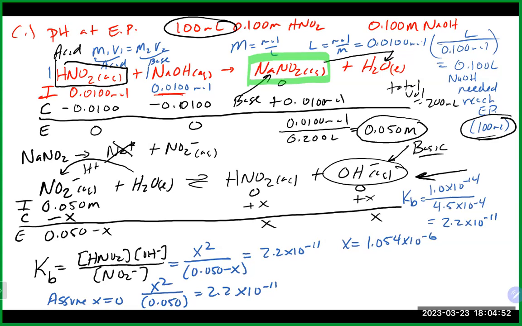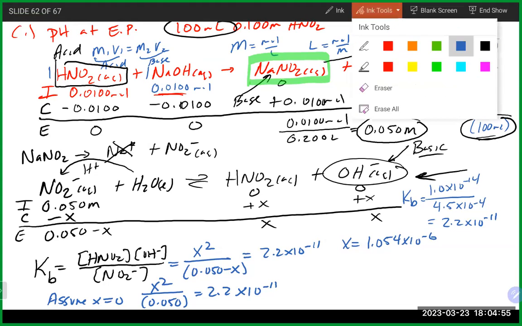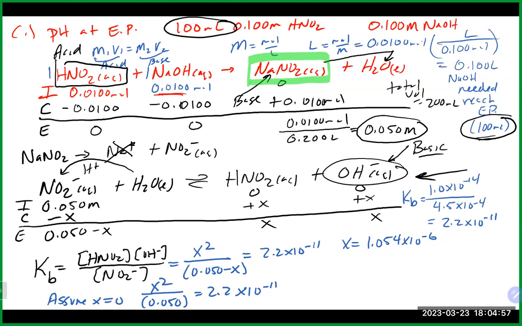We do want to check it. So once again, to check it in this case, we're going to divide it by 0.05 and times it by 100. It's not even 0.1%. So we are good in this case in terms of the check.